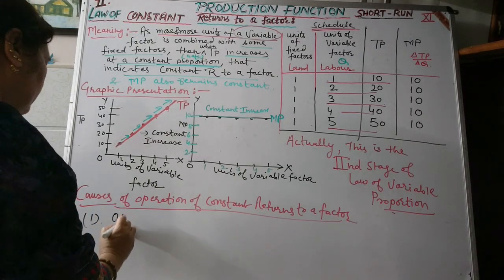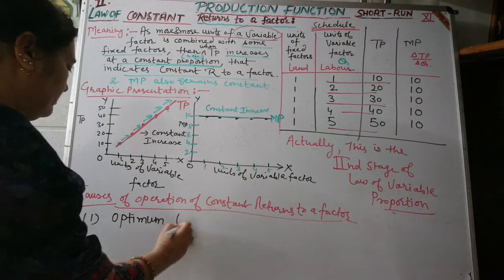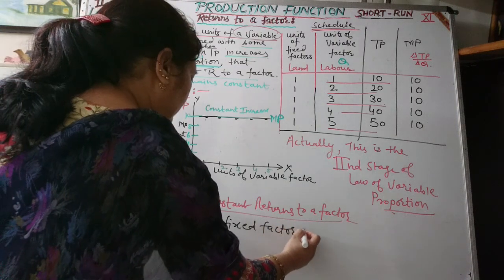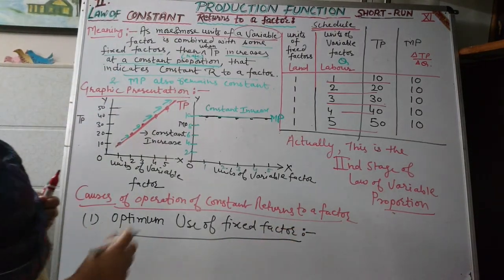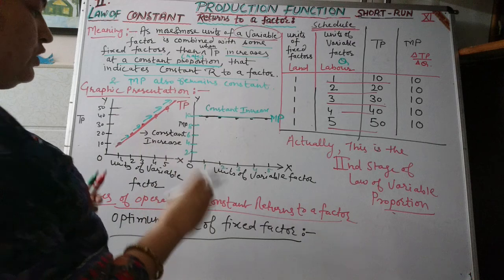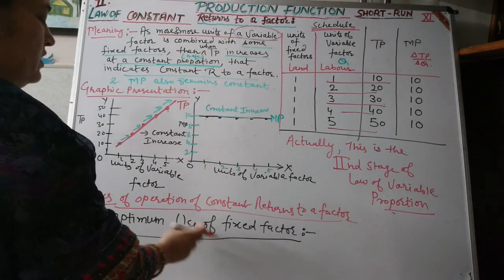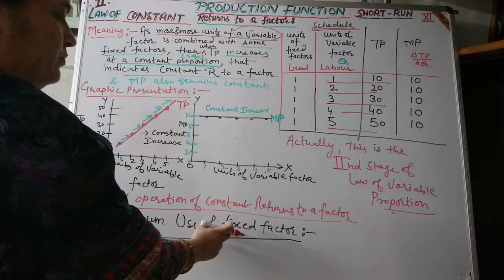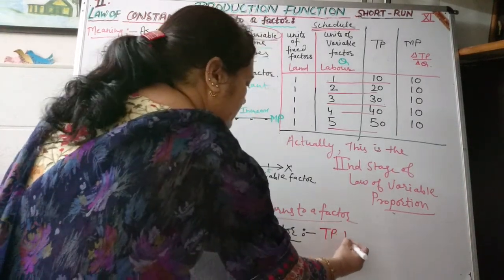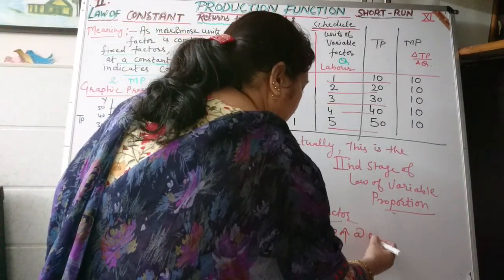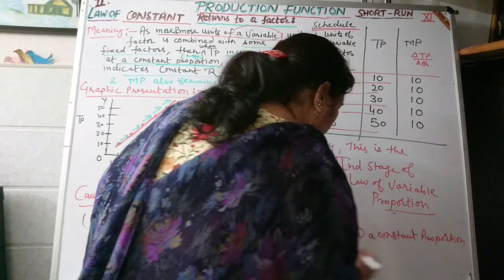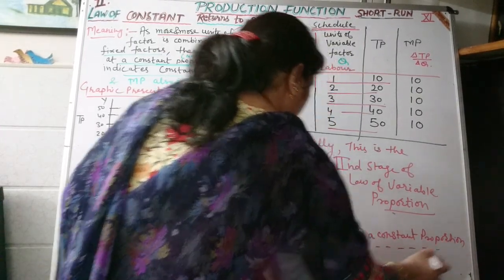Number 1, optimum use of fixed factors. There is optimum use of fixed factors, and with the help of the variable factor, you are not yet using fuller utilization of resources, still you are using optimum utilization of fixed factors with the help of variable factors, so that total production increases at a constant proportion, and marginal production also remains constant.